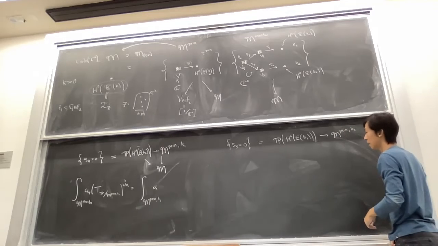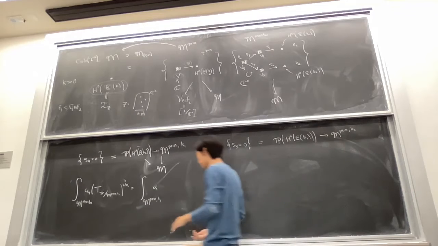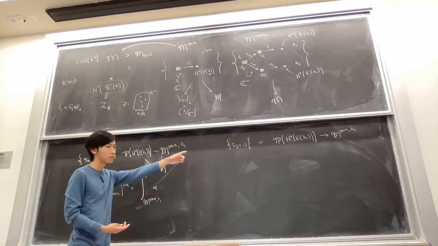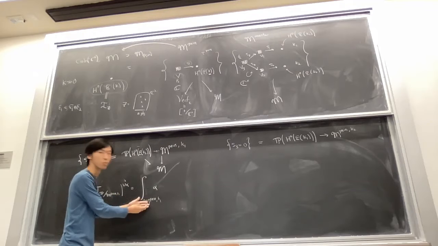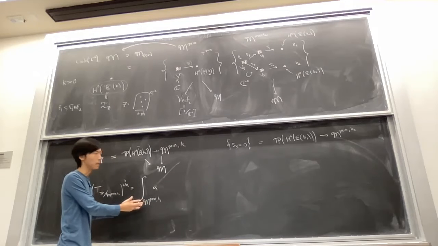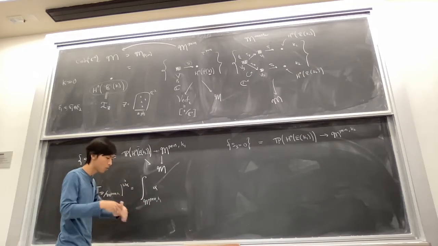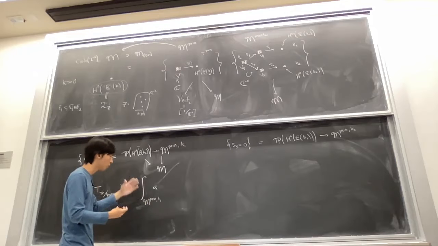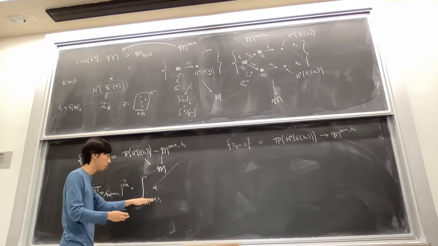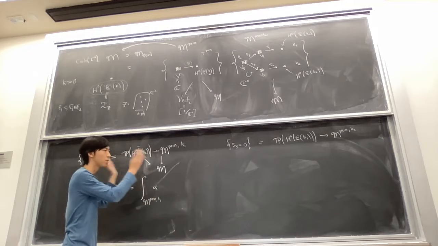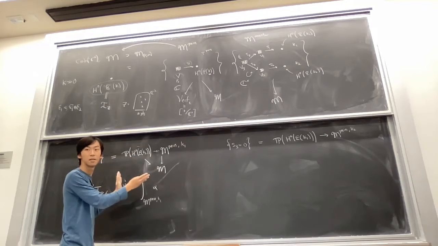And so again, the contribution from this fixed locus will look something like an integral over M pairs K2. And that's kind of what we wanted originally. We wanted to relate integrals for pairs K1 to integrals for pairs K2. And it would be great if these were the only two fixed loci.